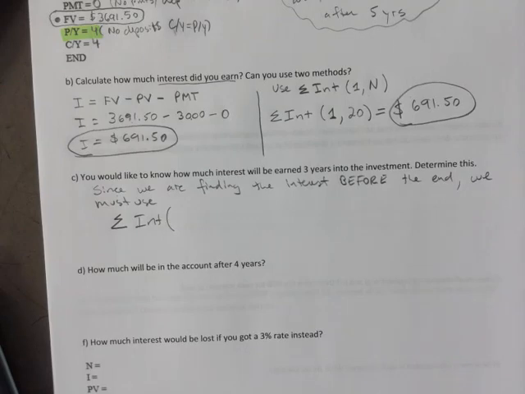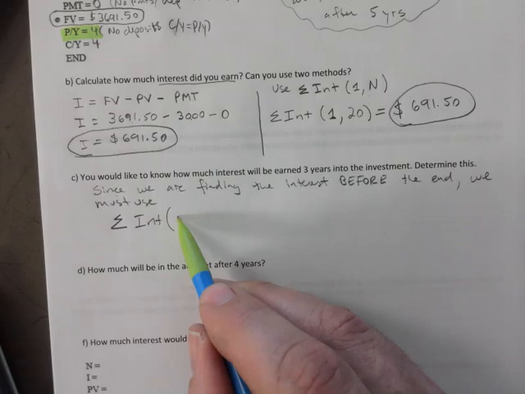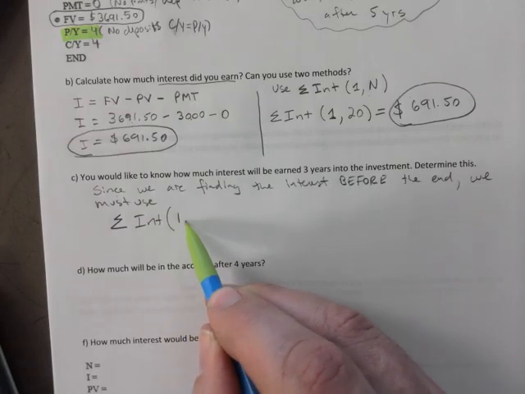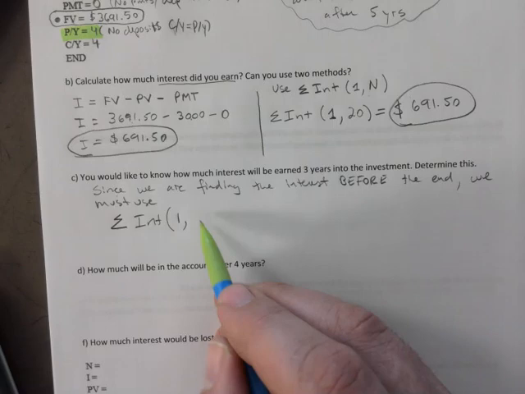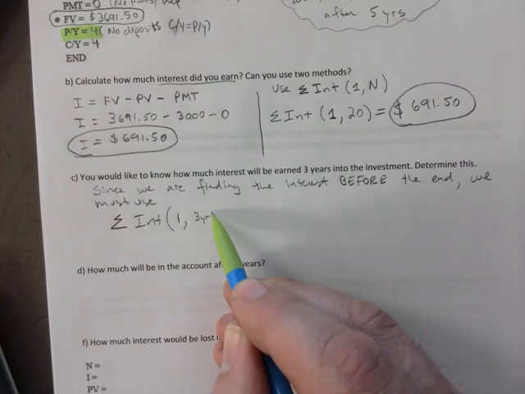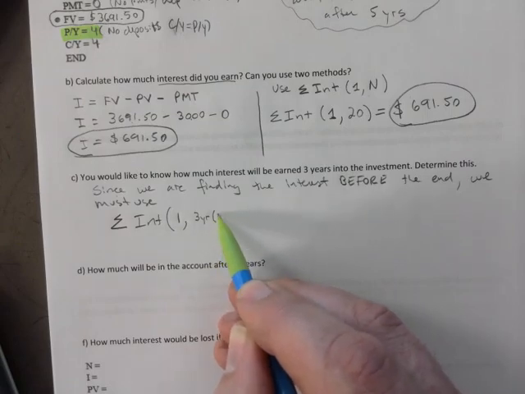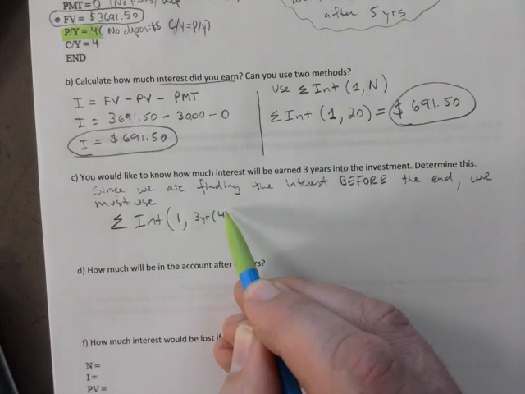This is 1 until, if 3 years go by. Right? How many quarterly periods are there? 3 times 4, right?